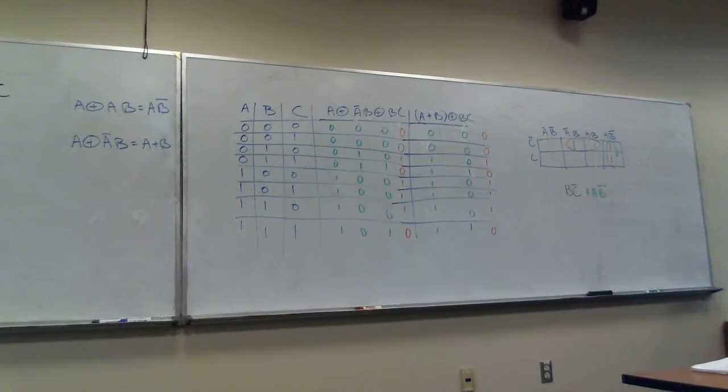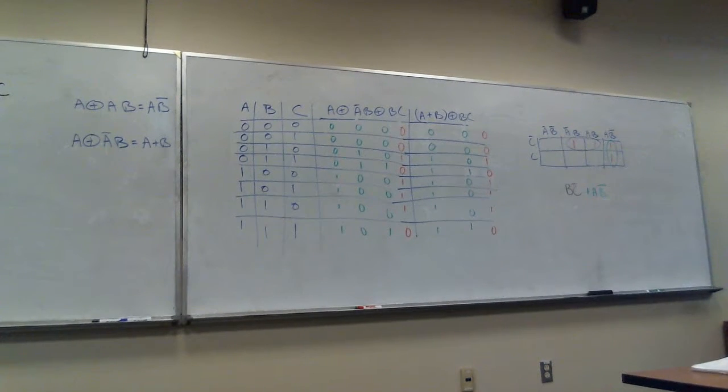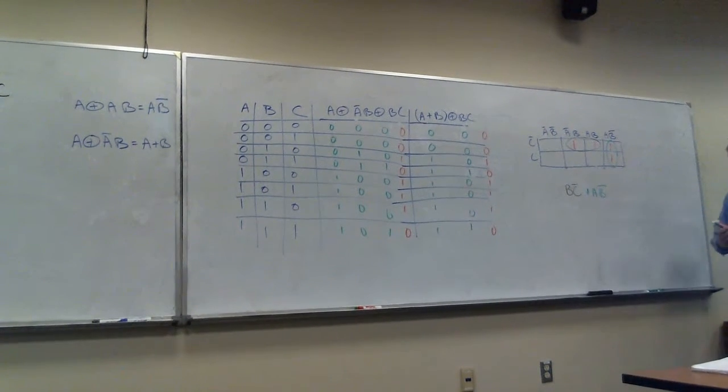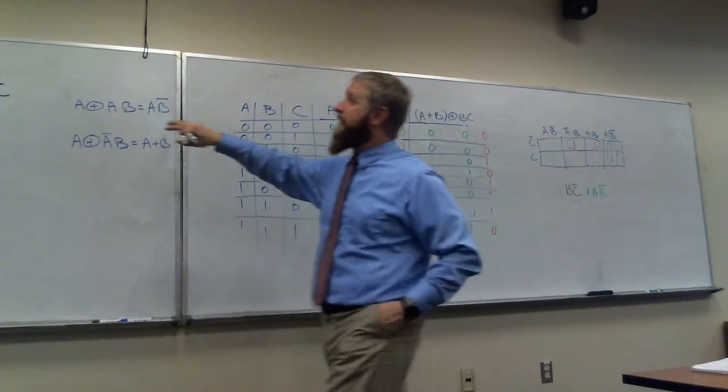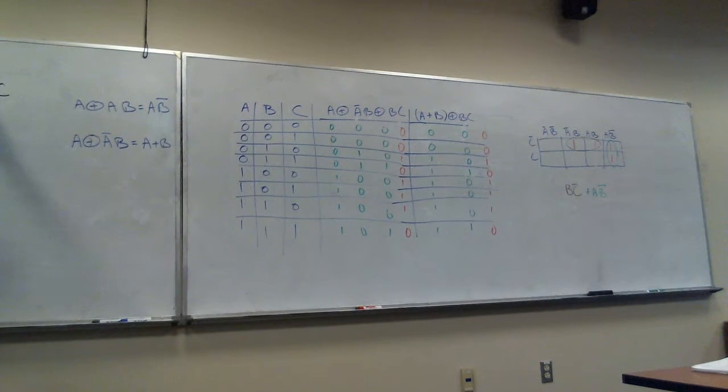There we are. So that would be the simplified way of writing it without an exclusive or. This would be the best way of writing it. Again, you probably could make the argument that it got simpler than this, but probably not any simpler than this.